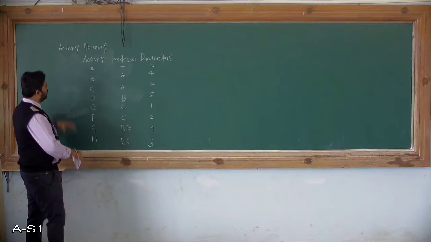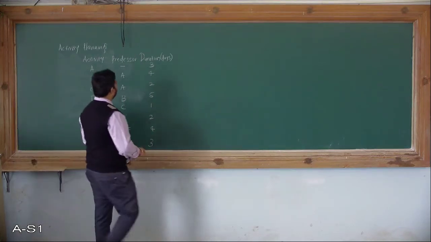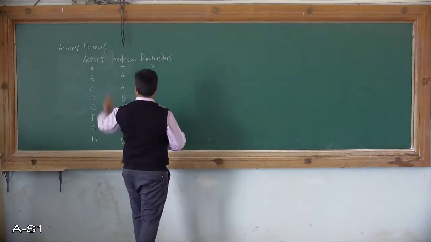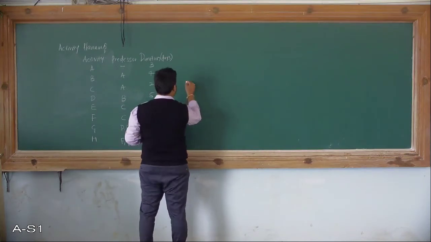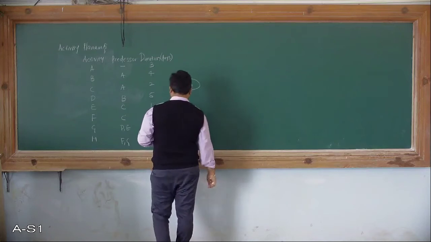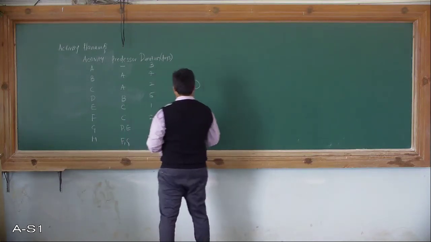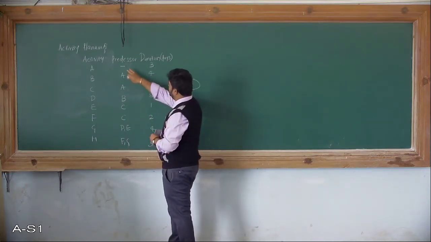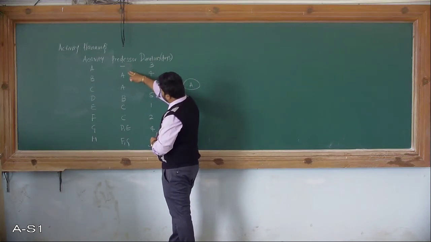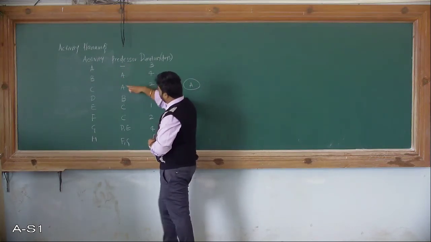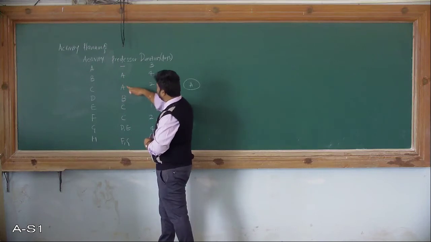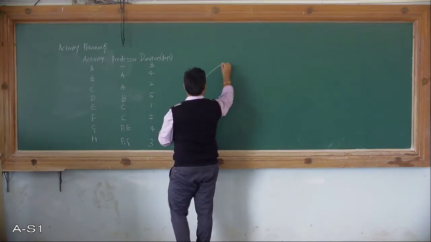Okay, so with this we will make a rough diagram. This is just the graph I am drawing here. We start with activity A, the initial one. Then activities B and C are followed by A, that I have taken here.